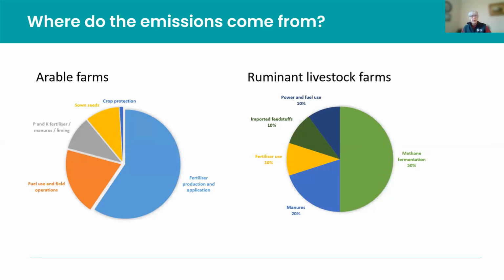So if we look at the arable farms first, by far the largest sources of emissions are coming from the production and use of chemical fertilizers, predominantly nitrogenous fertilizers. And remember what I said earlier, that nitrous oxide is far more potent than carbon dioxide.